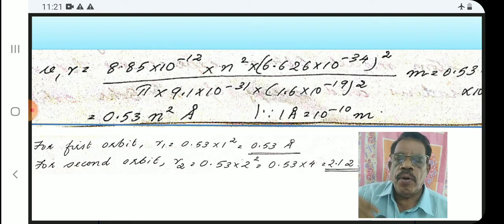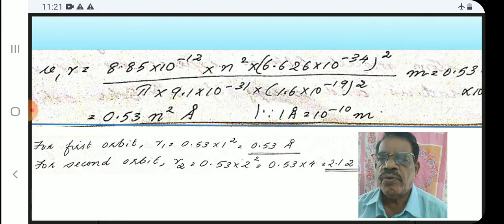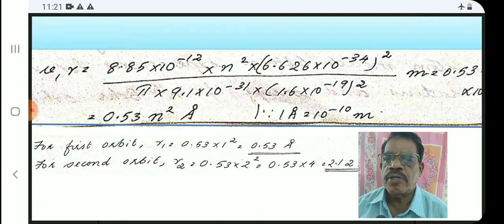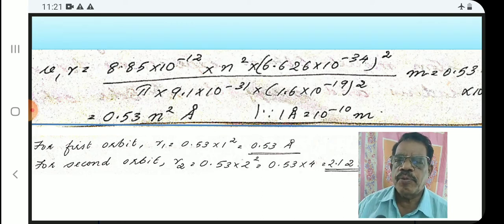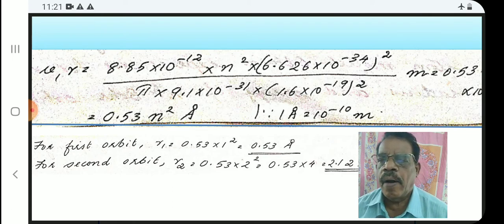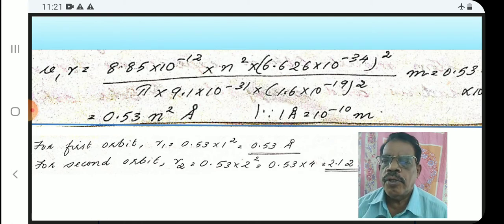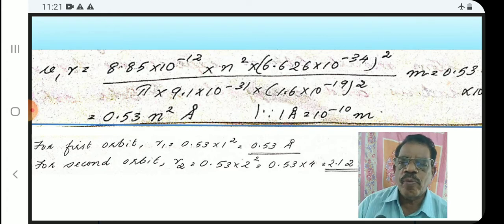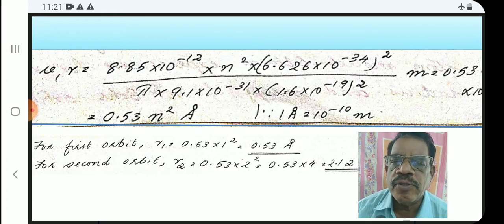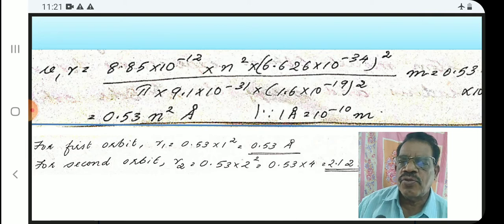R is equal to 8.85 into 10 raised to minus 12, epsilon 0, the whole square, n square, n is put as such, h square, 6.626 into 10 raised to minus 34 whole square, by pi into m, 9.1 into 10 raised to minus 31, the electron mass, into e square, 1.6 into 10 raised to minus 19 whole square.